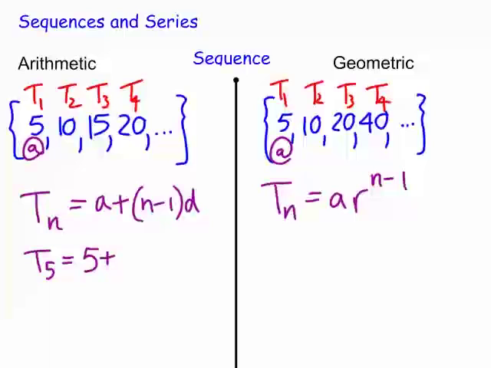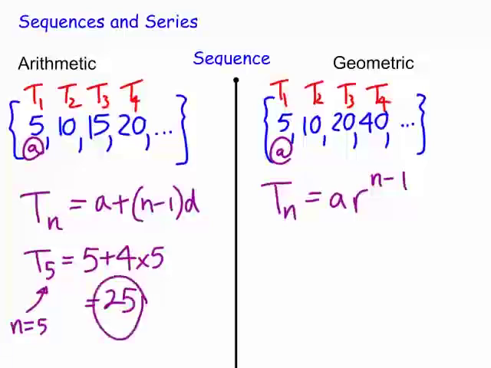Now n is 5, so it's going to be 4 lots of the common difference. We worked out the common difference before, but you can just see it goes up by 5. So if we work this out, we should get that T5 is 5 fours are 20, plus 5 is 25. So in fact, 25 will be the next one over here. So T5 would be 25, and so on.